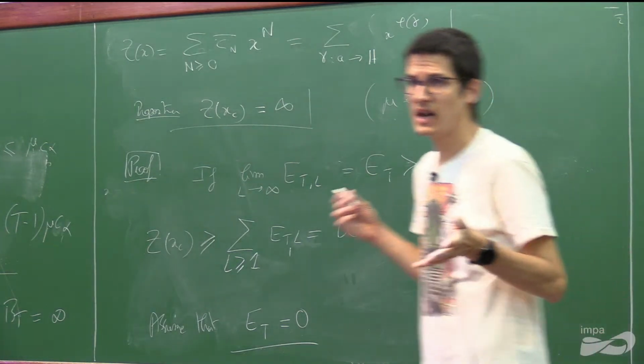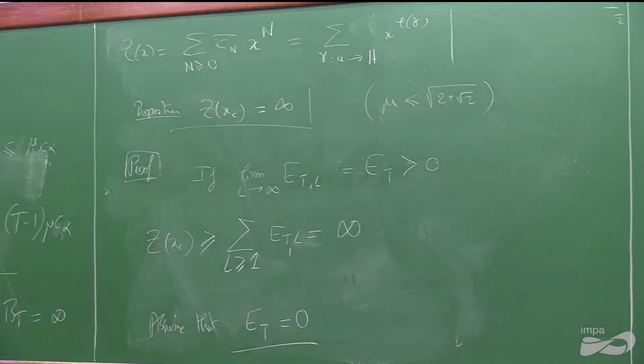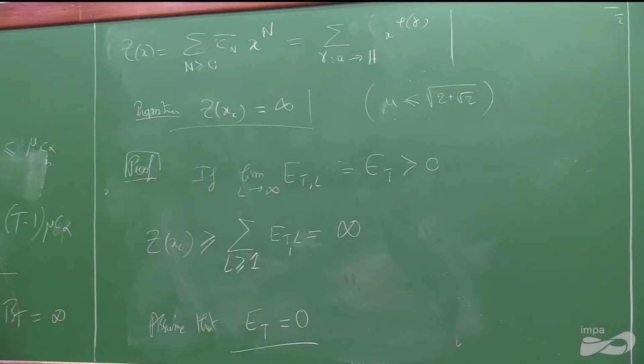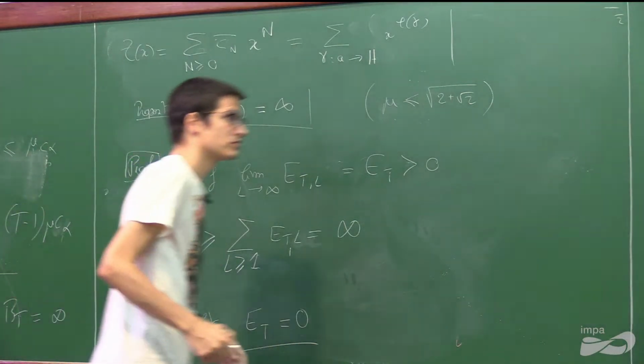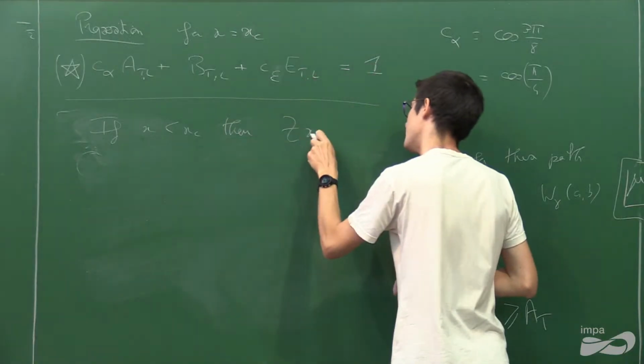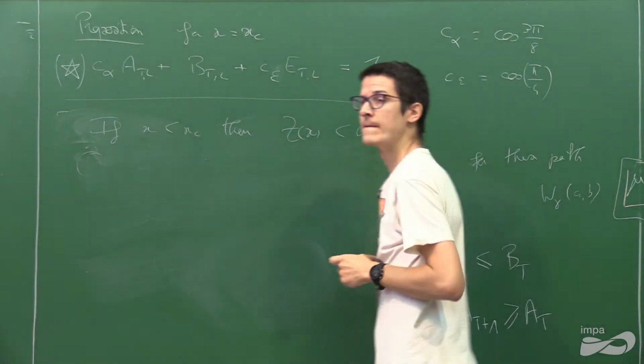And we still have to show the opposite direction. For this, we have to show something for zx for x smaller than xc. The second part is to show that if x is smaller than xc, then zx is finite.